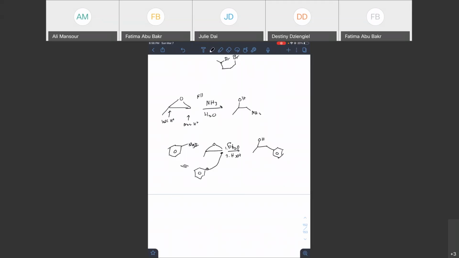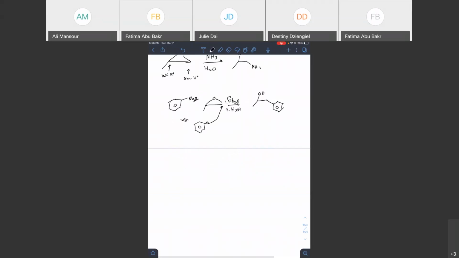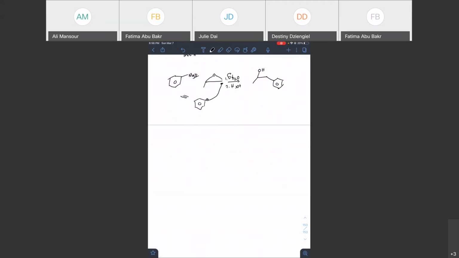Okay, next. In this case, we are going to be adding a simple hydrogen. So how does a simple hydrogen work? We can use LAH, for example. As we know, LAH is basically the addition of a hydrogen.